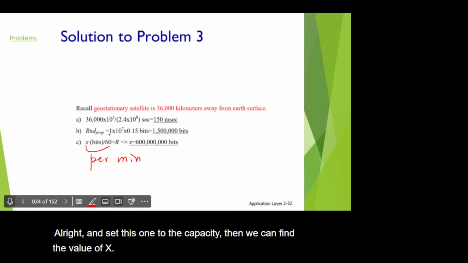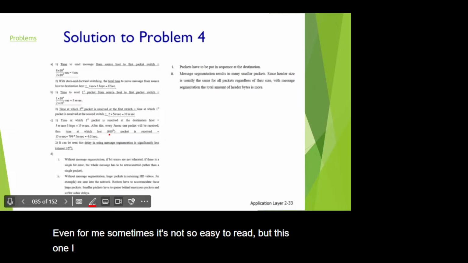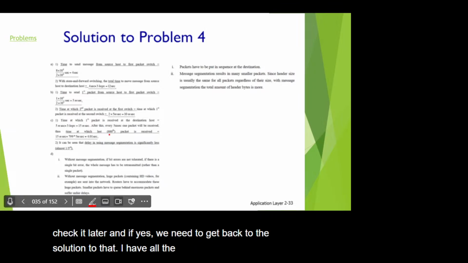So I have the supplement to that one. Well, for this, I think right now, even for me, sometimes it's not so easy to read. But this one, I will send the solution to you later. You can check it later. If we need to get back to the solution so that it has all the detail, I will get back to this one.